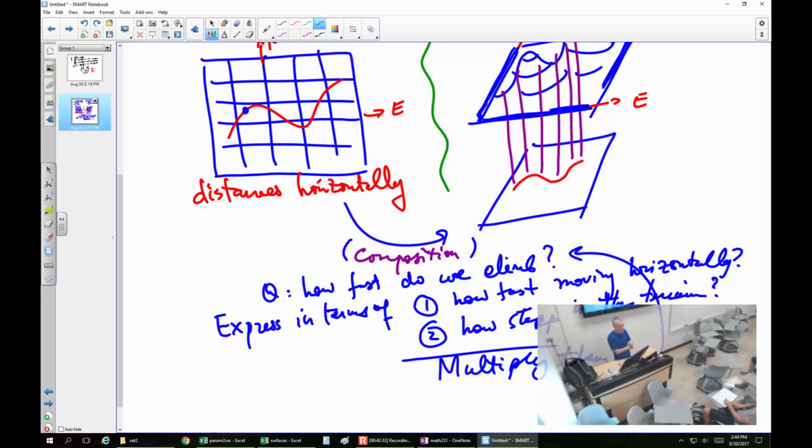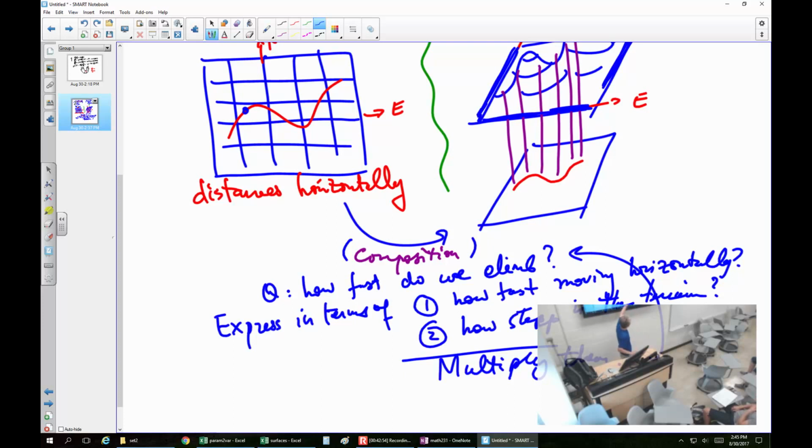Imagine that you forget about the chain rule. You can just use your common sense to answer the question. Why do we end up multiplying? Suppose I'm moving horizontally at some speed. If I double my speed, what's going to happen to the rate of climb? It also doubles, right?